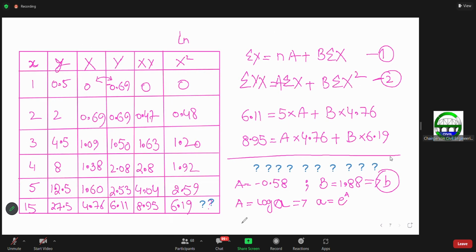So now we have A is equals to 0.56, B is equals to 1.88, and what is the value of X? Okay, so let's put in here.